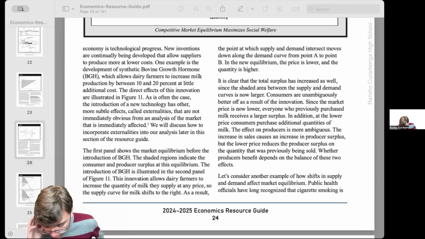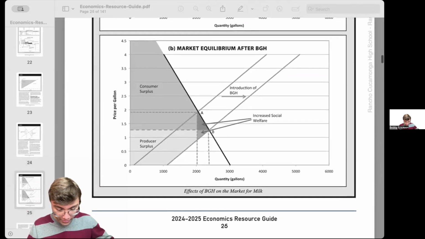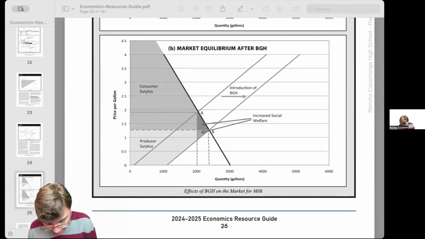Consumers are unambiguously, so that just means clearly, better off because of the innovation. It's because of this rightward shift that we see this increase in area right here, or actually all of this too, for the consumers.